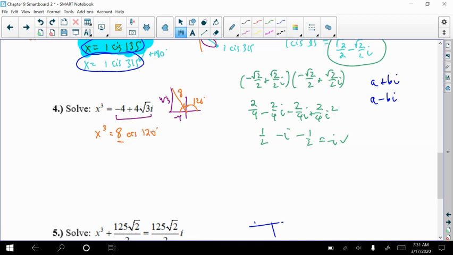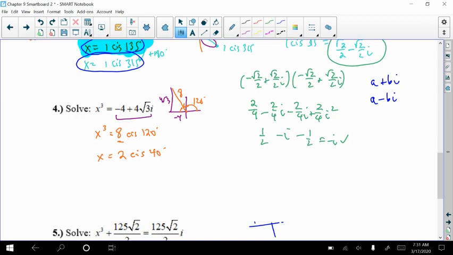And remember this 8, that magnitude, is always going to be positive. And then we have our argument here, 120 degrees. So now I'm going to take the 1/3 power, or the cube root, of both sides. The cube root of 8 becomes a 2. And when I do the quote-unquote cube root of cis 120, it becomes cis 40, because 1/3 of 120 is 40.